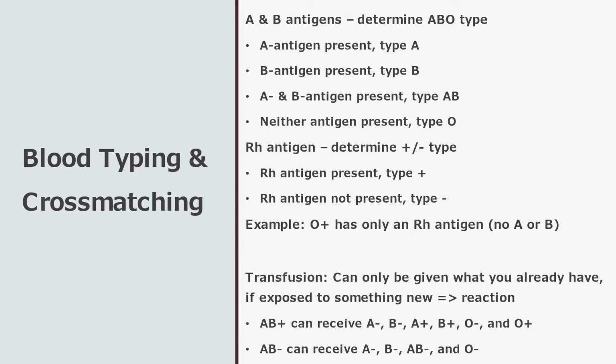So then in the case of AB negative, they can only receive those that have the negative strand, but they already have A and B. So the ABO type antigens, it does not matter. So they can receive A negative, B negative, AB negative, and O negative.